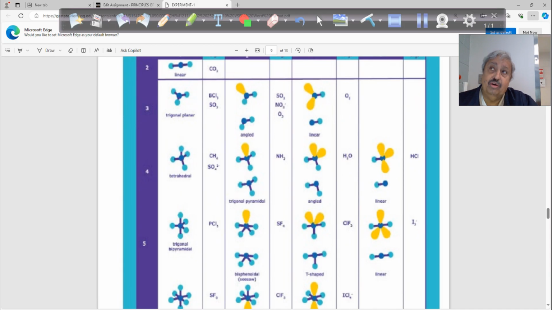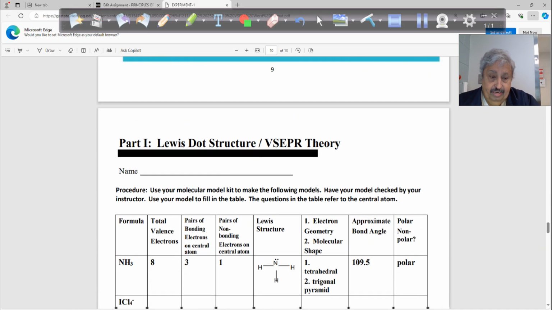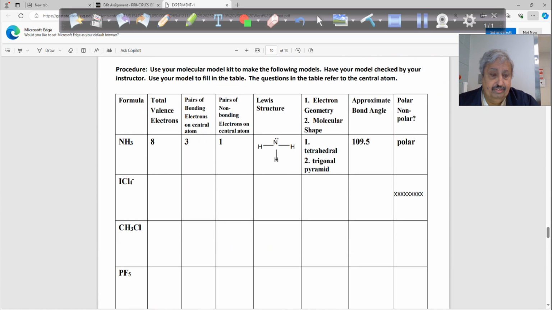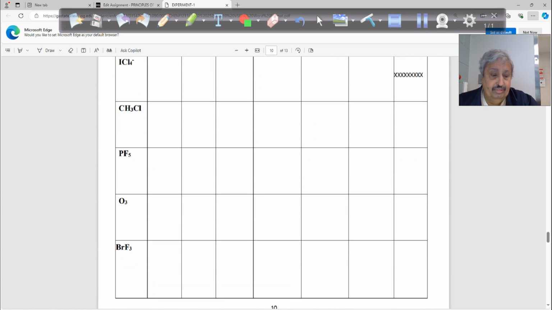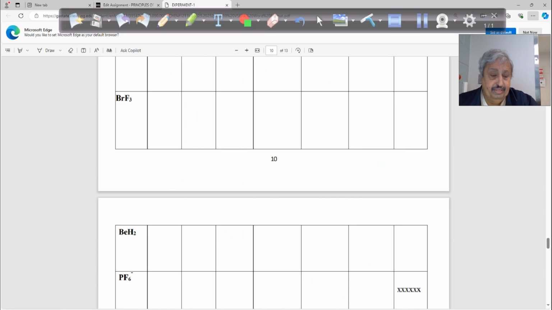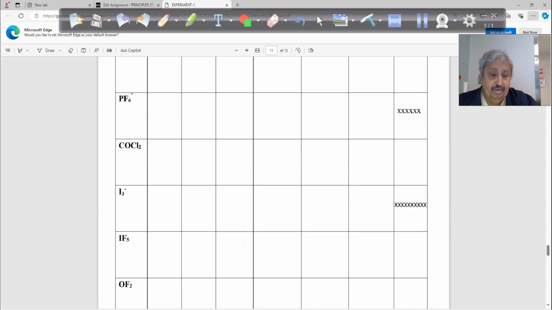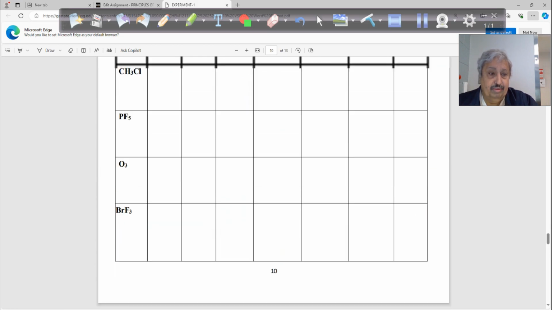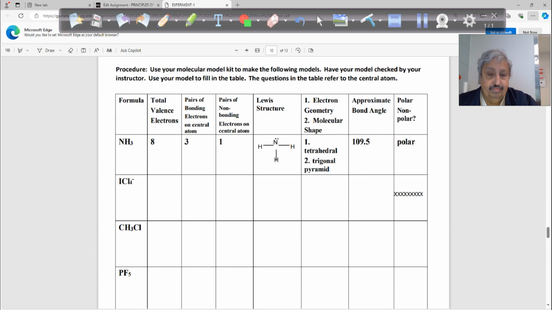The yellow ones are the lone pairs, the non-bonding ones, correct? And here it is, part 1. We have to look into those. We will do all those, and then we will be done with the whole experiment. At least we can do a couple of those, and then you tell me.